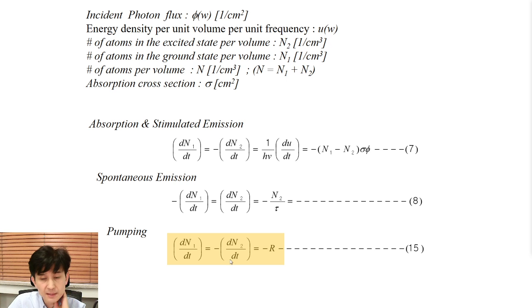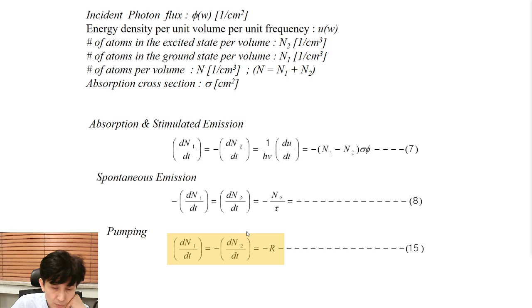Without considering the actual mechanism, we just represent this pumping process by using the pumping rate R. That is, the change in the number of atoms in the ground state with respect to time is just minus R, and that is the same as the number variation in the excited state atoms.